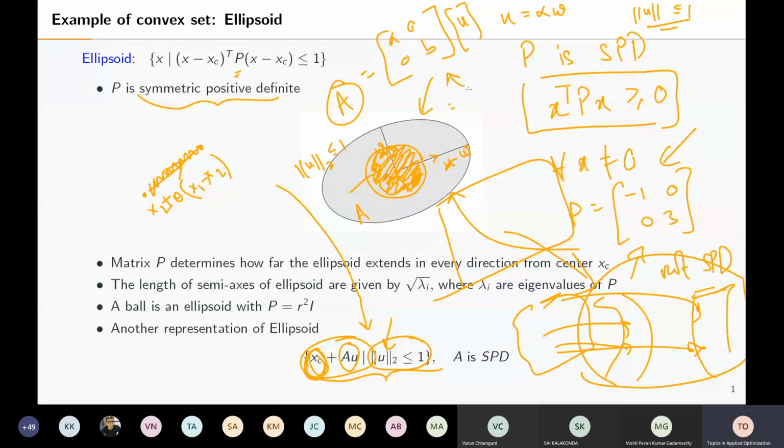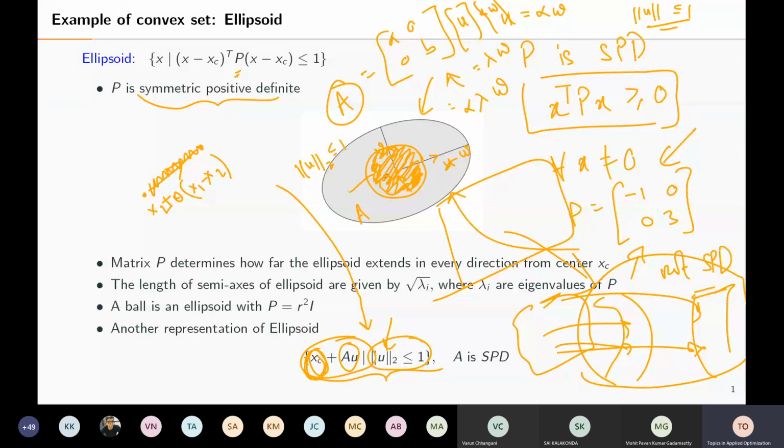If I multiply, this is alpha w, which is an eigenvector of A. Since this is an eigenvector, I take alpha common, and this will be some lambda times w itself. So overall, what I will have is alpha lambda w.